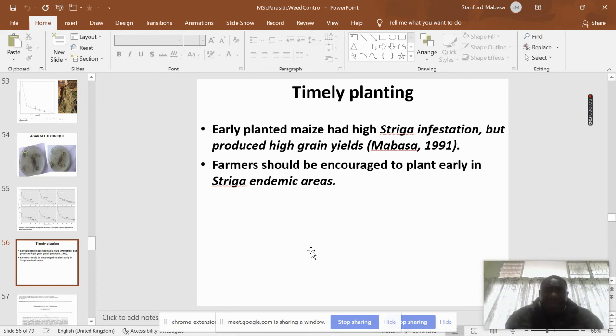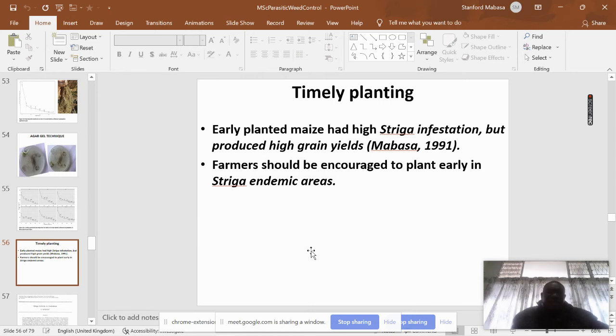Timely planting. Now, early planted maize had high Striga infection, but it produced high grain yields. We thought that by planting early, maybe we could reduce the infestation, but it was opposite. But the good thing is that the maize tolerated the high infestation.